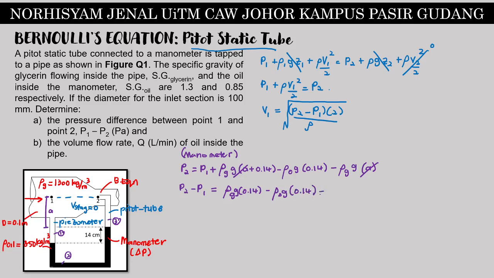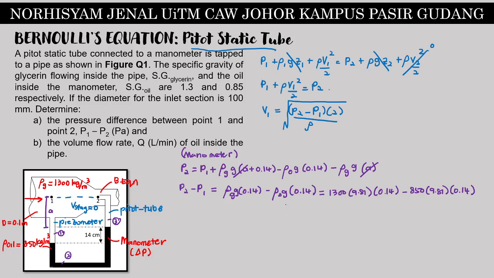So it is equal to rho of glycerin is 1300, times 9.81, times 0.14, minus rho of oil, which is 850 times 9.81 times 0.14.